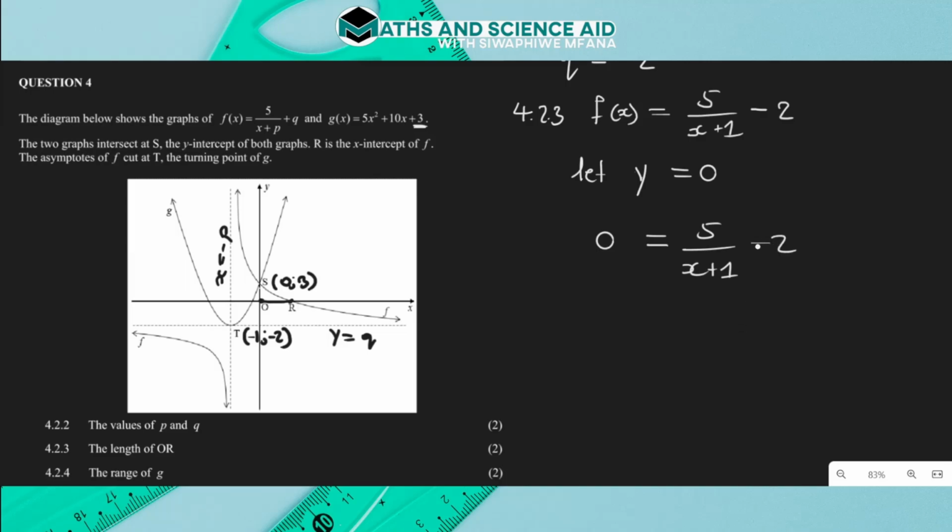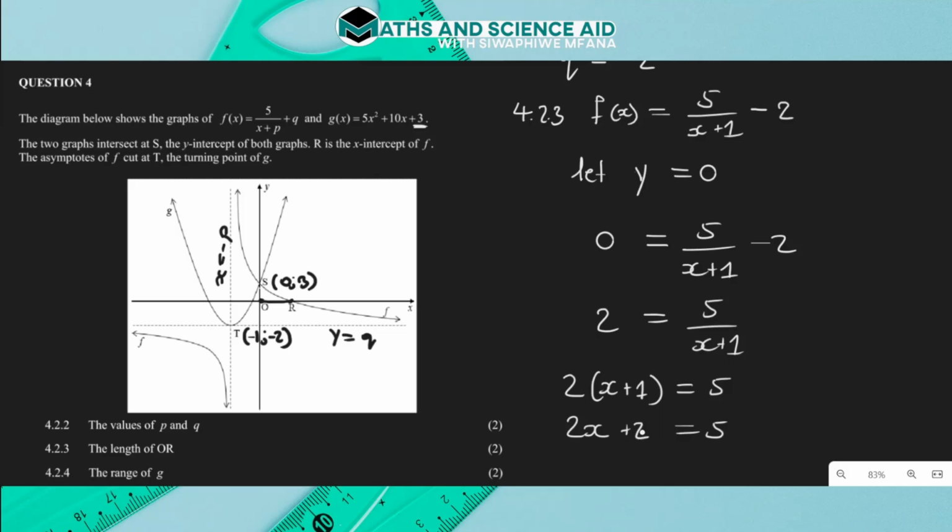So let's transpose negative 2 into the left-hand side. Now here we'll be left with 5 over x plus 1. Now we can multiply by x plus 1 on both sides of the equation to get 2 times x plus 1 equal to 5. The next thing is we need to expand by 2 here. So we'll get 2x plus 2 is equal to 5.